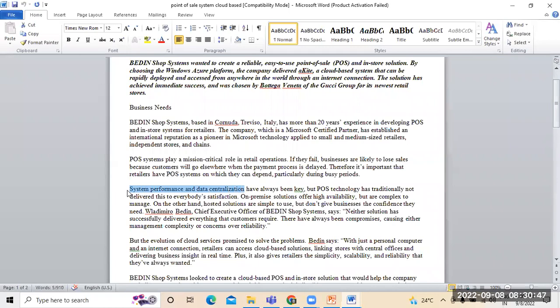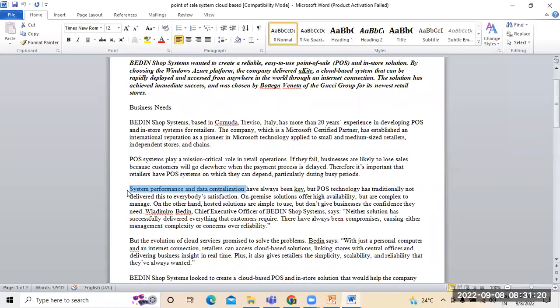So these are the business situation problems which, as a business analyst team, we need to understand. Why are system performance and data centralization required? Because for system performance, you want to understand the different systems. In order to make your billing and everything faster, you require system performance, right? System performance makes your work much faster.